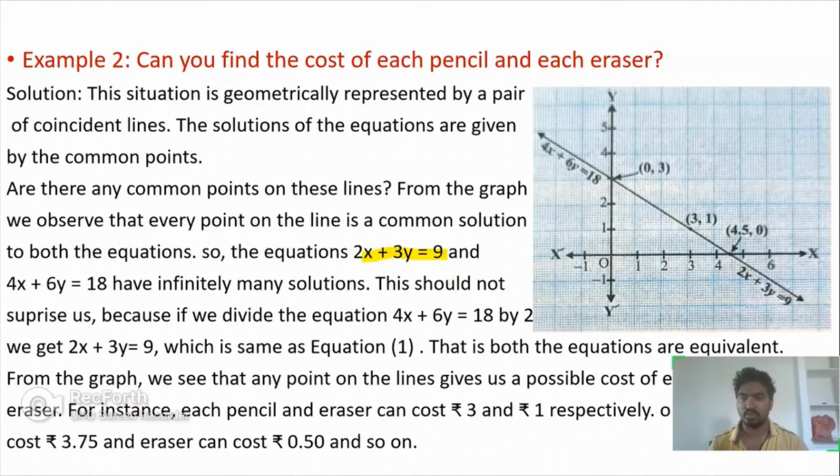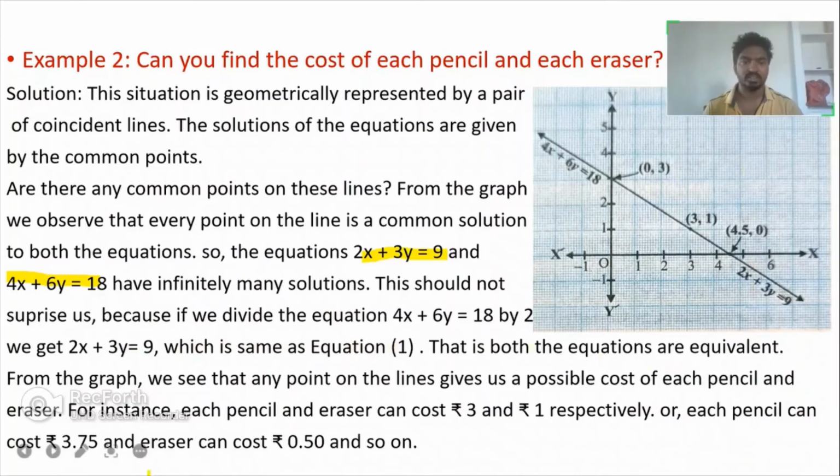So the equations 2x plus 3y equals 9 and 4x plus 6y equals 18 have infinitely many solutions. Each and every point is common to both the lines. This should not surprise us, because if we divide the equation 4x plus 6y equals 18 by 2, we get 2x plus 3y equals 9, which is the same as equation 1.